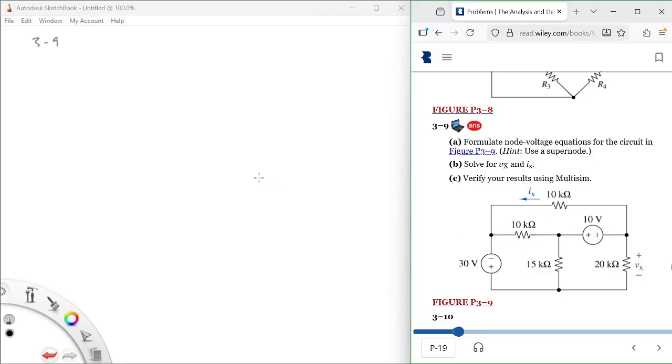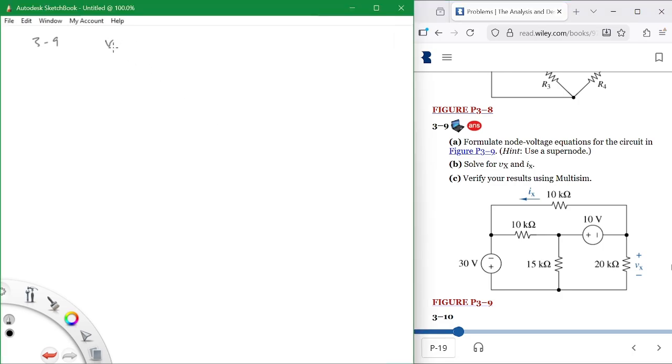So basically, this is my VA right there in the middle, and you write around that when you say what? Now, is the current going in or the current going out? I don't really care. So at VA, we have a current going in, and we have a current going out, and we have a current going out. And I'm going to define it like that. It may be backwards, but I'm going to say minus 30 divided by 10K is my current going in.